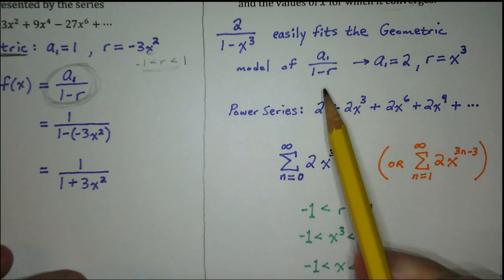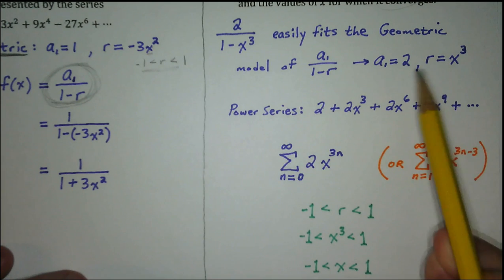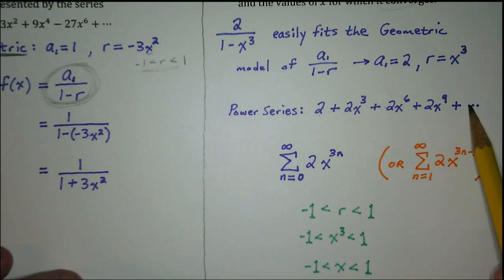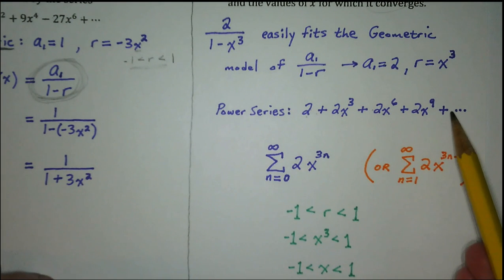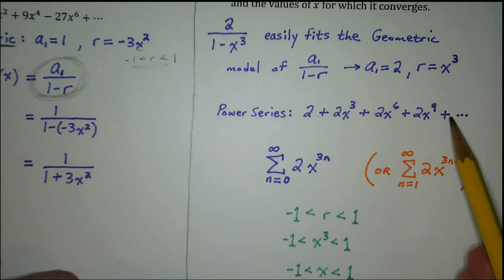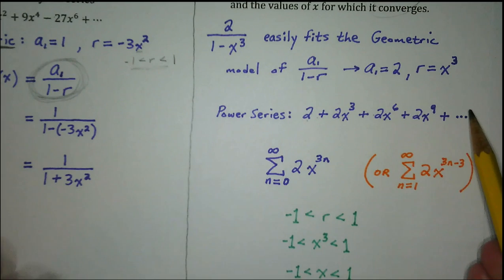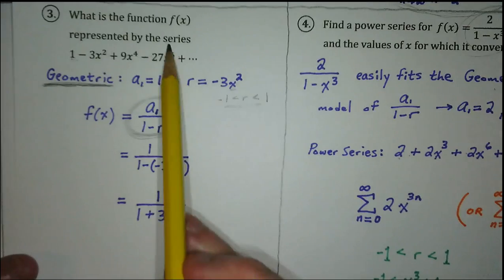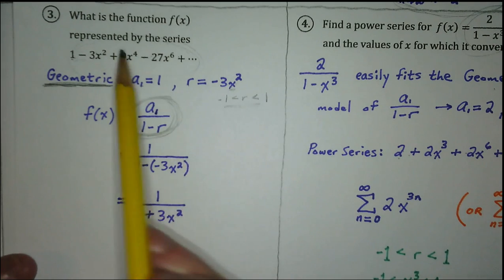With those two pieces of info, this would be at least the first 4 terms of your geometric power series. Again, not every power series is going to be geometric in nature, but if it is, that is really good news.